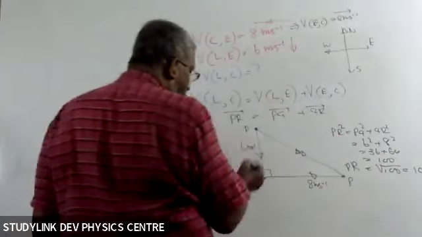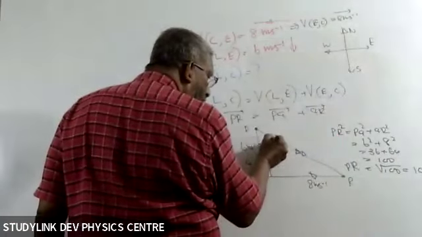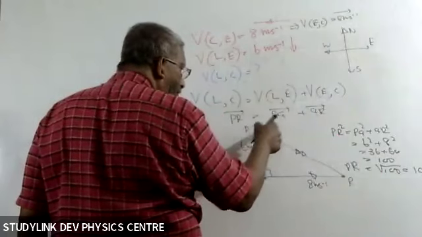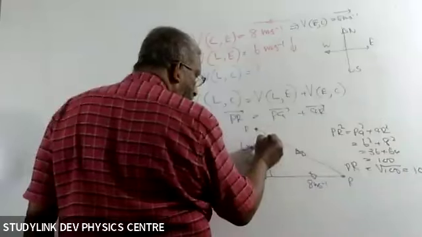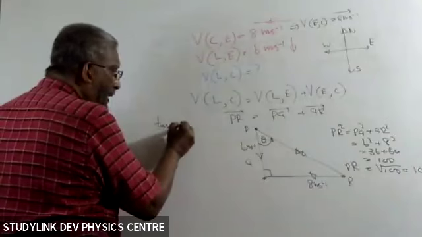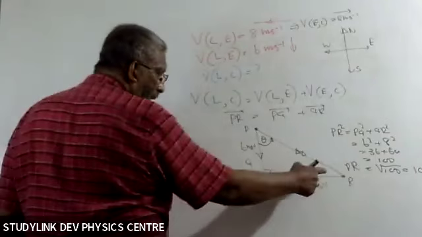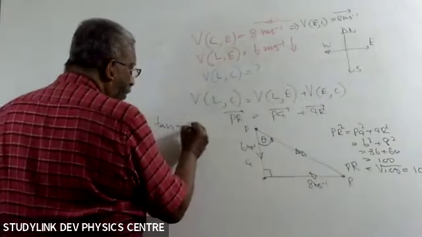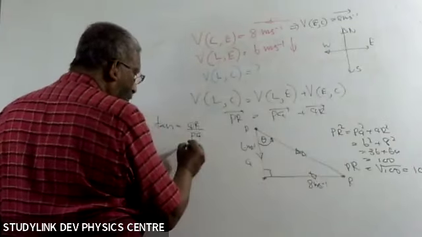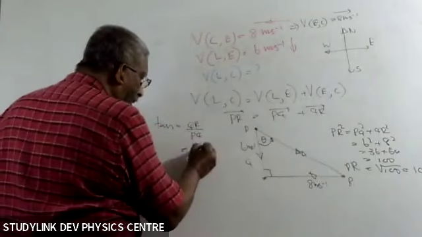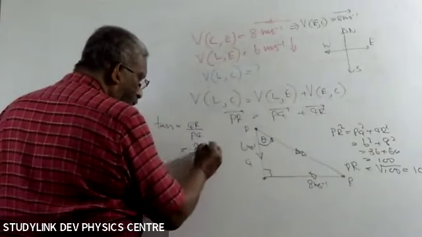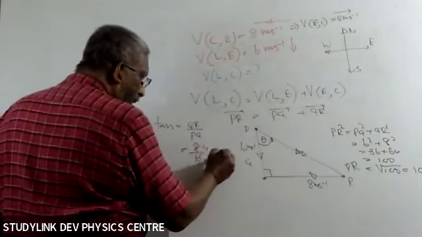Now the relative velocity is 10 ms minus 1. Direction P to R. Then get this angle from here, from south towards east. The angle is theta. Then tan theta is equal to, in this triangle, opposite QR divided by adjacent PQ. 8 divided by 6, that means 4 by 3.